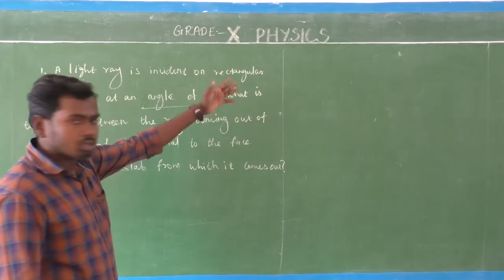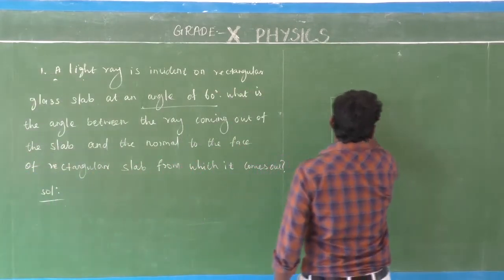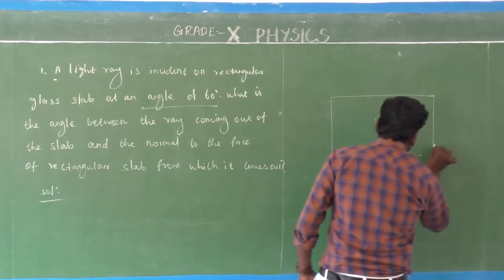First, I am going to draw here. We have a very small space. Listen here. Consider one rectangular glass slab.